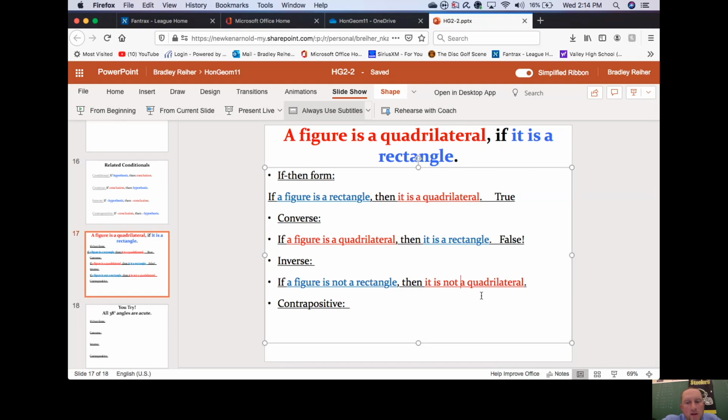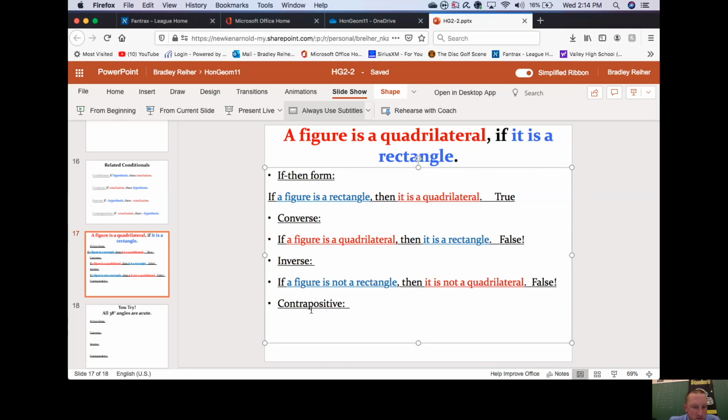If a figure is not a rectangle, it could be a lot of things, then it is not a quadrilateral. I could pick something that's not a rectangle that is a quadrilateral. So that's false as well.